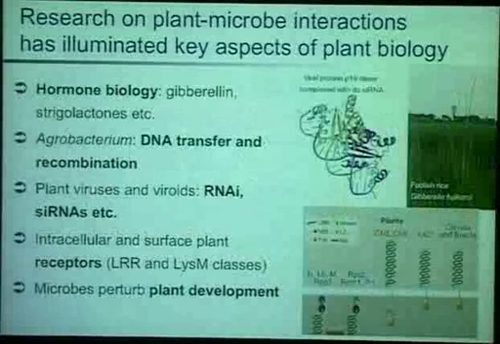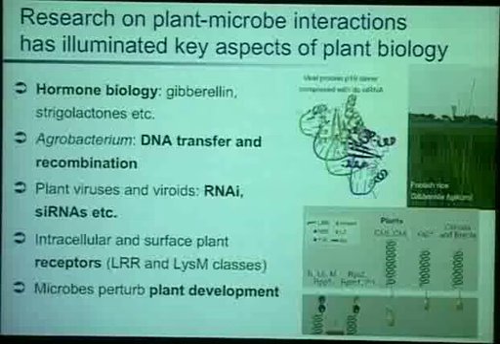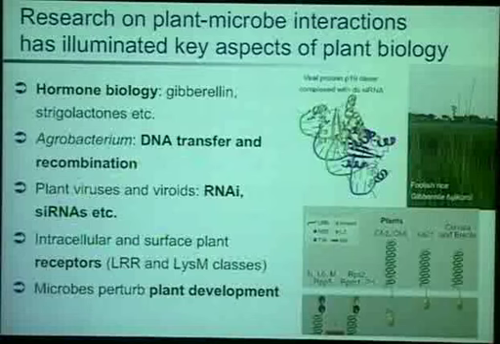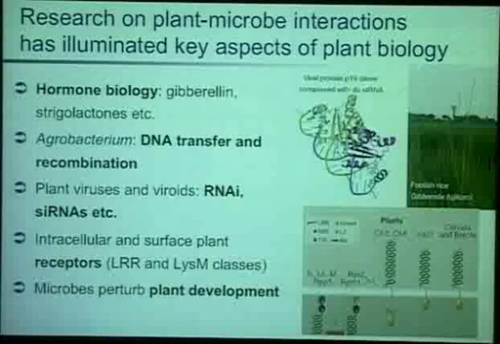And also we all know that microbes and the science of plant-microbe interactions had a lot of impact on plant biology. There's a number of examples listed here. Olivier Voinet told us this morning about P19, a wonderful protein that's produced by a virus that binds siRNA, and we're all familiar with how the study of plant viruses has impacted our knowledge of RNAi. This is a nice example also.